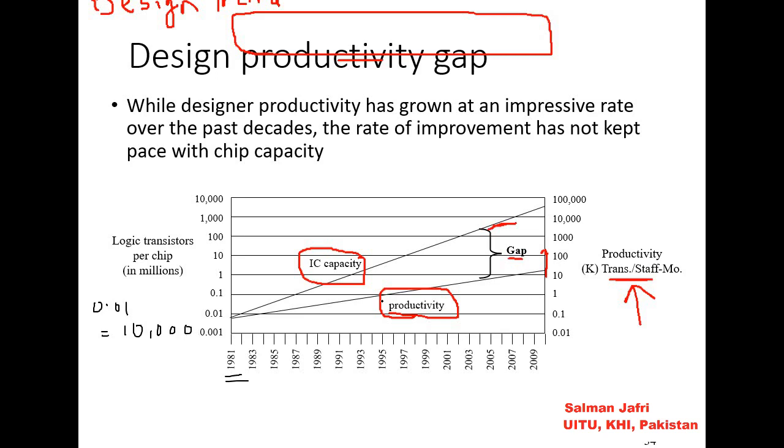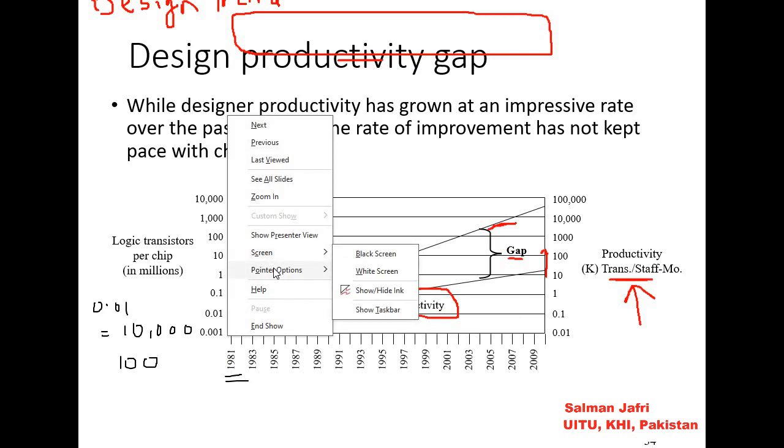And looking at this scale, in 1981 it was about 0.1 into k or 1000, which is 100. Now the integration level is basically 0.01 into 1 million, which is 10,000, and designer productivity is basically 0.1 into 1000, which is 100.